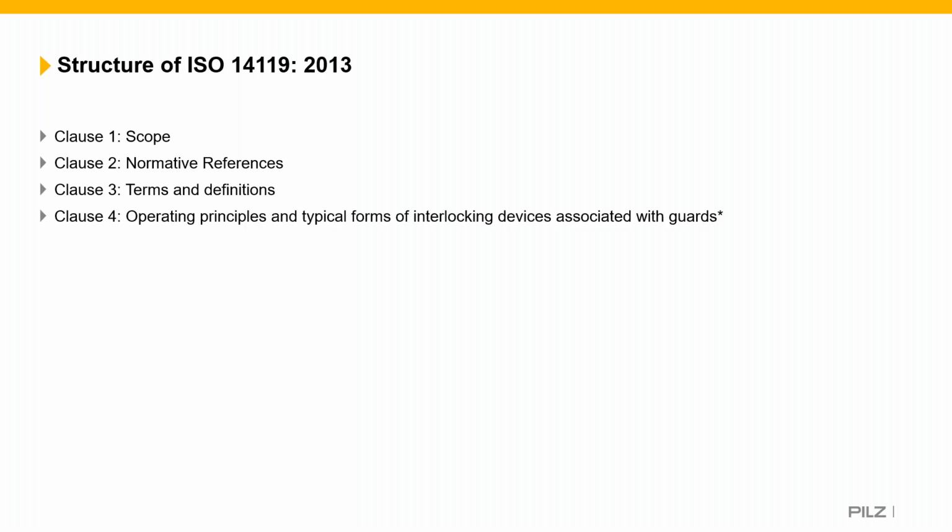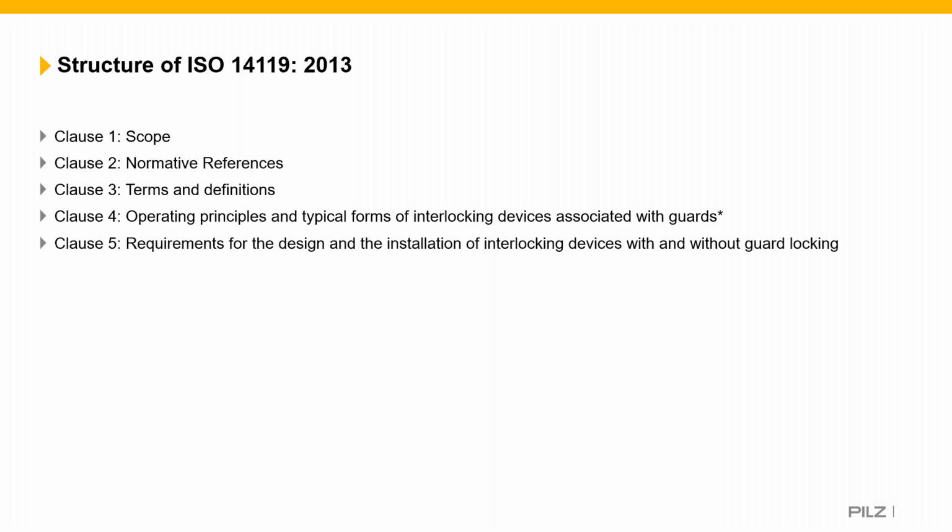Clause 4, operating principles and typical forms of interlocking devices associated with guards, and we'll look at this in more detail. Clause 5, requirements for the design and the installation of interlocking devices with and without guard locking, so fastening, switches and actuators, actuation modes, and how it interfaces to the control system.